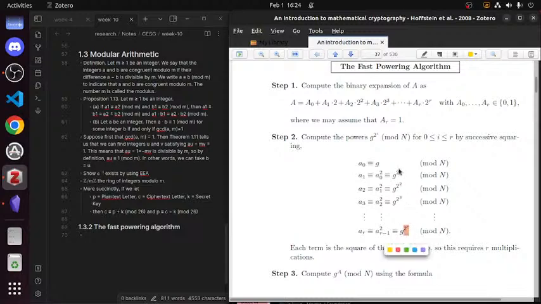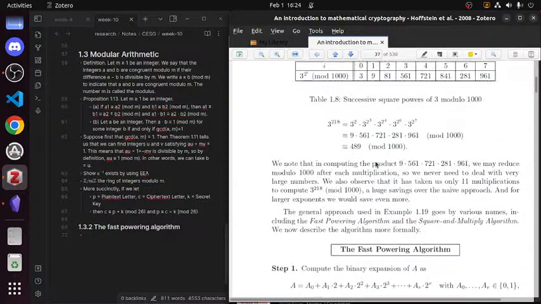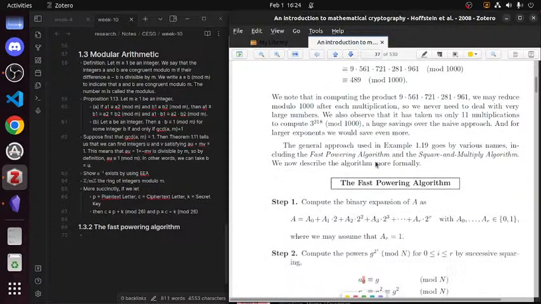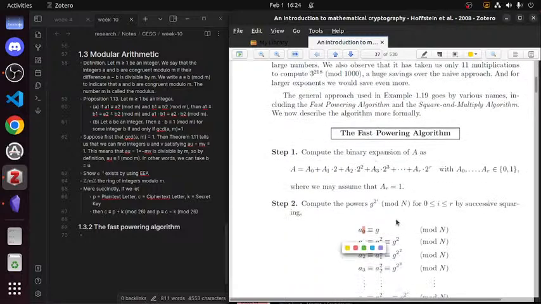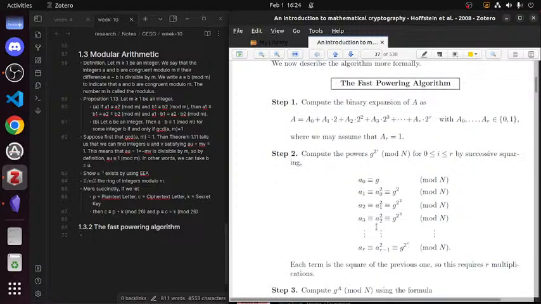To get this g to a large number, it's congruent to the square of the previous round.